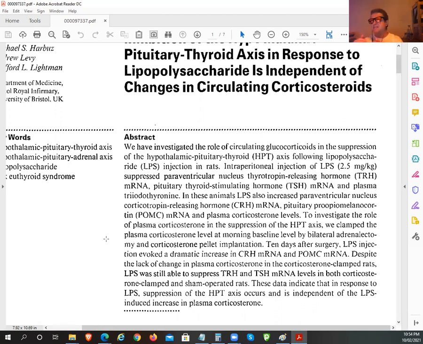They don't have any corrective way of actually altering the negative effects of endotoxin, of LPS. So that's really important. I'll just show further down. So we'll just read the abstract for a sec.